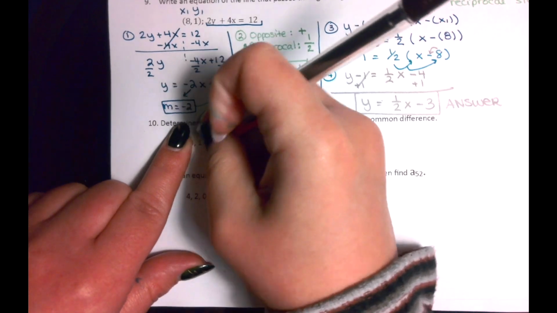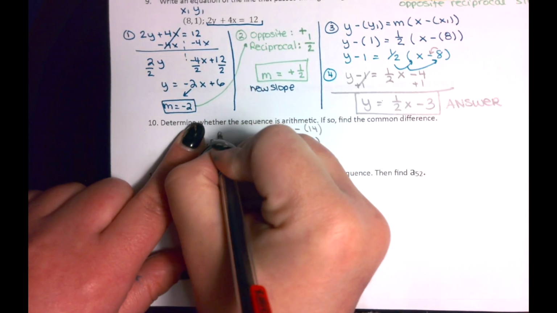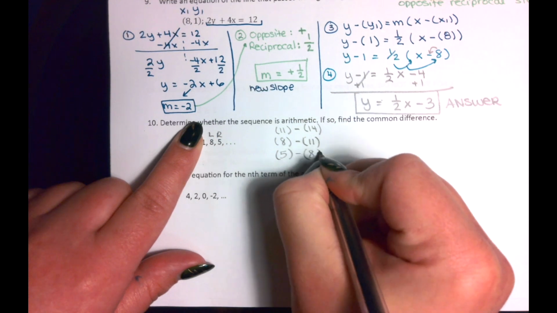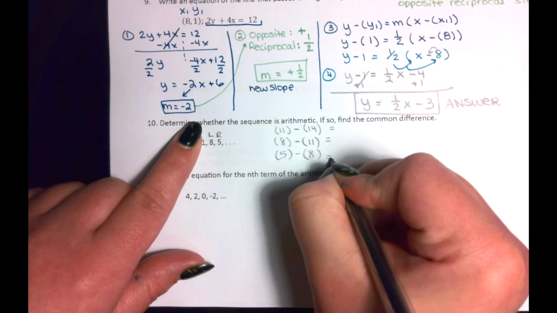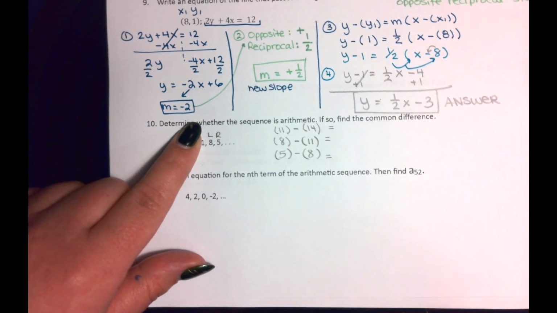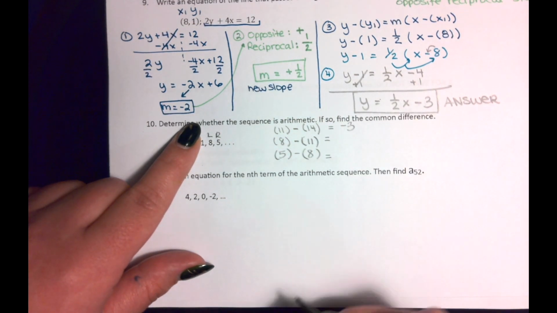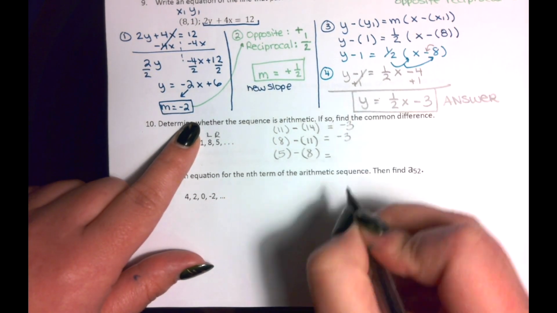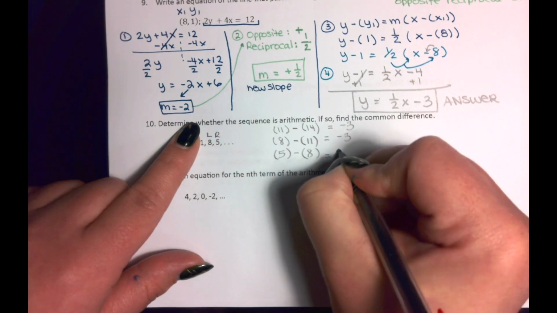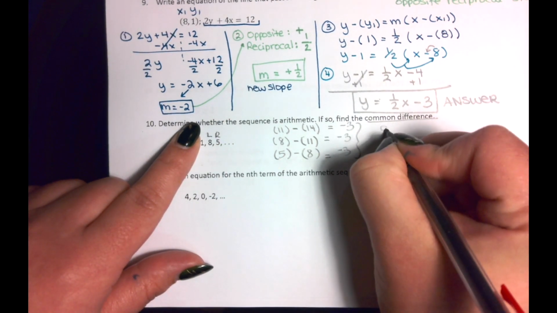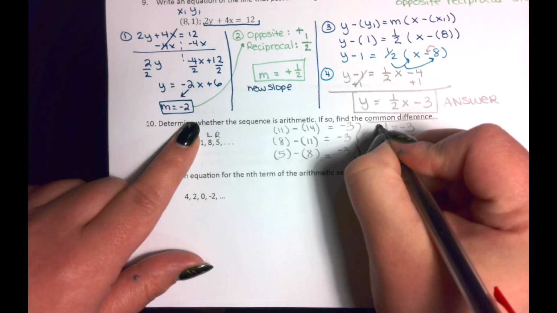Then I'm going to, again, move over 1. Here's my right, here's my left. Use a calculator if you need to. 11 minus 14 is a -3. 8 minus 11 is also a -3. 5 minus 8 is a -3, which means your common difference is -3.